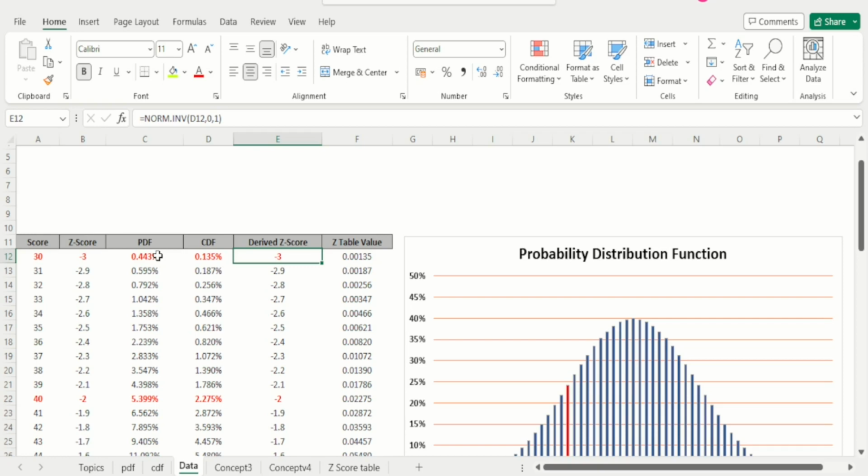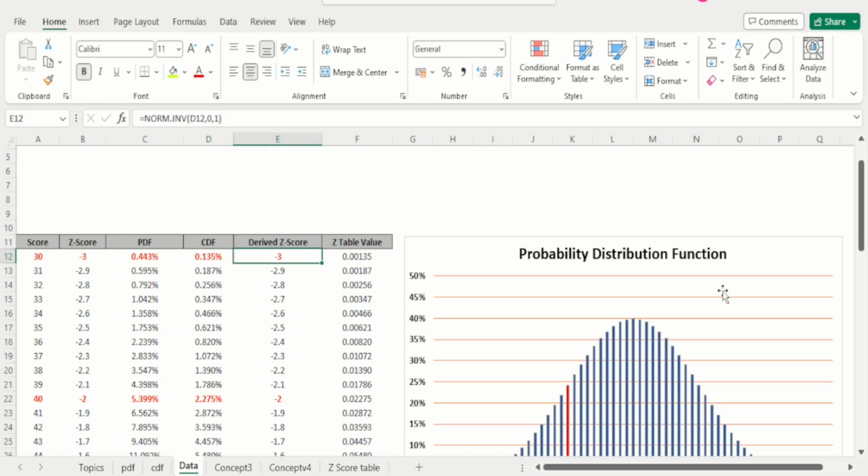In other words, given a certain value of probability for a normal distribution, given its mean, given its standard deviation, it will tell you the exact point at which and before which, if you add up all the area, you get the CDF of, let's say in this case, 0.135%.